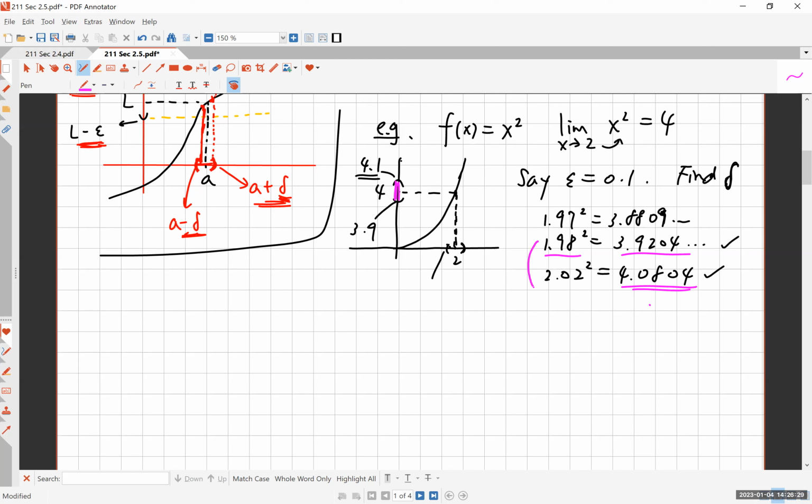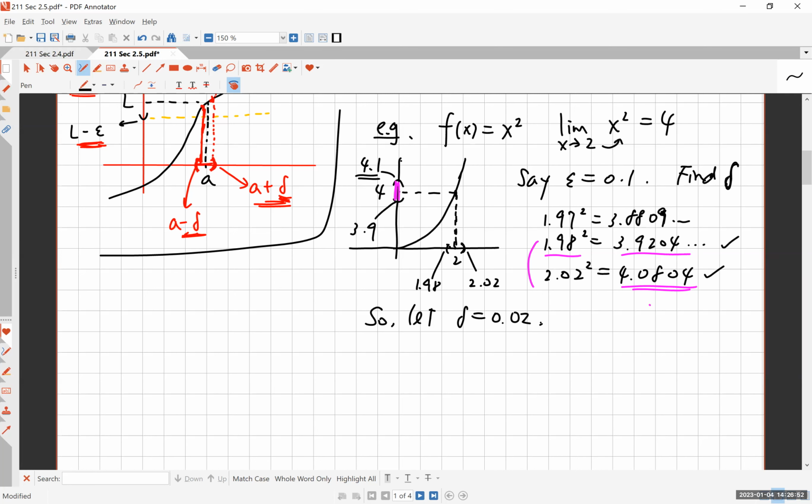All right. Notice here, these are both 0.02 away from the number 2, right? So we let delta be 0.02. Okay, so this number will be 1.98 and this number will be 2.02.